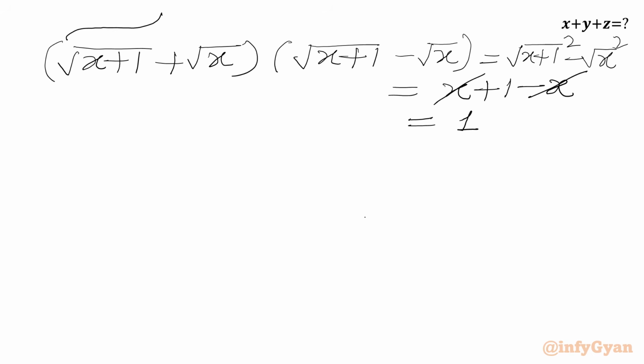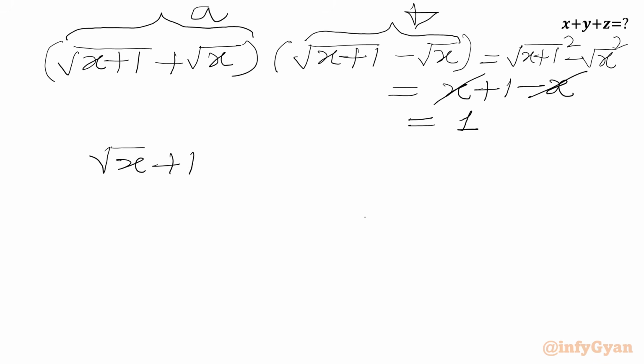Now this is non-zero quantity and this is our substitution a. So we can find this expression value, which will be equal to square root x plus 1 minus square root x will be equal to 1 over a. A cannot be equal to 0 for real x, y, z. This equation is in variable x.